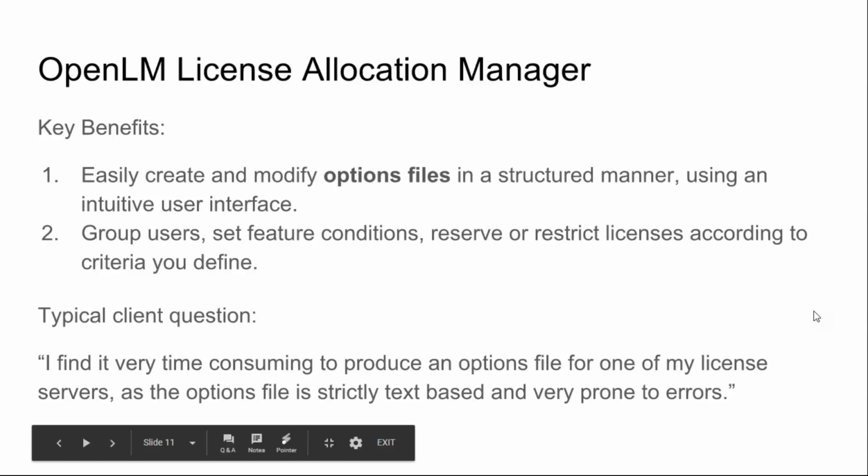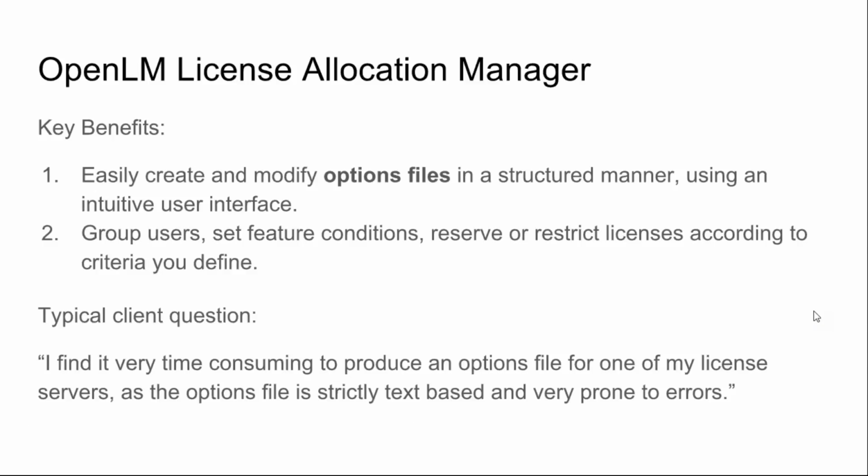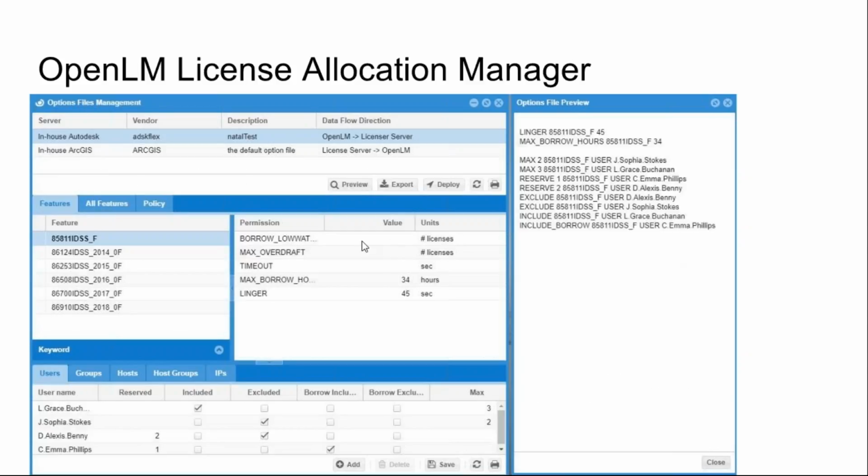So usually clients say that they find it very time consuming to produce an option file for one of their license servers, because it's strictly text-based and it's very prone to errors. So OpenLM gives you this interface. As you can see on the right here, first you can see the syntax of the option file.